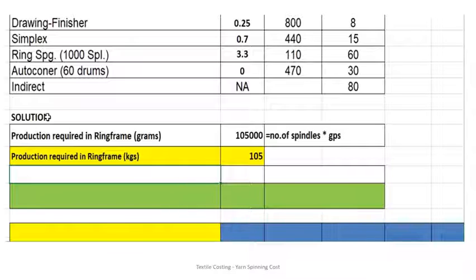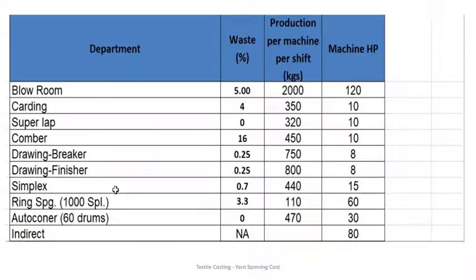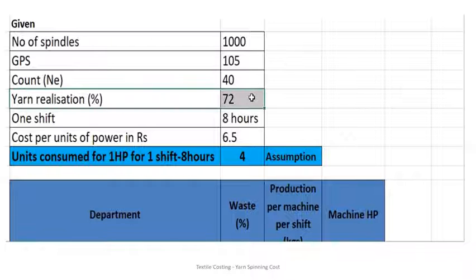Next, we need to find, for this production, what should be the input at the ring frame, so that the production required at each department using the waste percentage can be calculated. For which we need the waste multiplier. Waste multiplier can be found out from the yarn realization which is already given in the question.